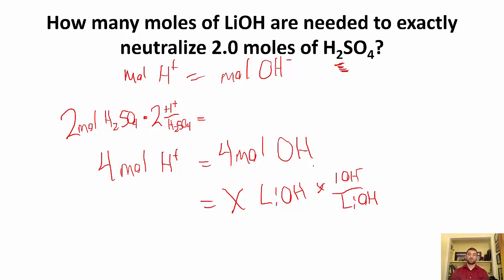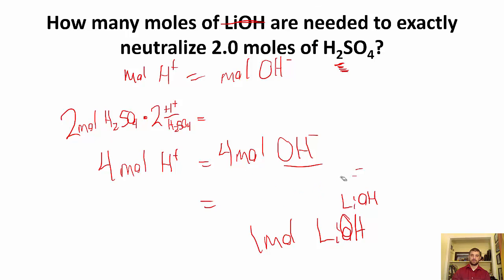So basically, if we want 4 moles of OH minus, well, we need 4 moles of LiOH, right? Now, what would it be if instead of LiOH, let me erase all this, what if it was MgOH2?